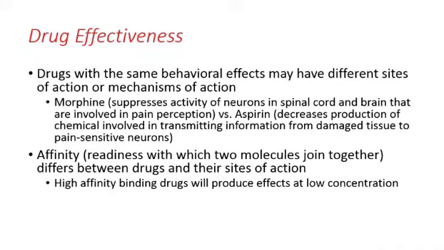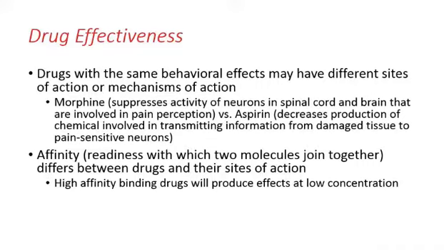So drugs with the same behavioral effects may have different sites of action or different mechanisms of action. For example, we have morphine and aspirin, and both of them produce analgesia. But morphine produces analgesia by suppressing the activity of neurons in the spinal cord and the brain that are involved in pain perception, whereas aspirin decreases the production of a chemical that's involved in inflammation that transmits information from damaged tissues to pain-sensitive neurons.